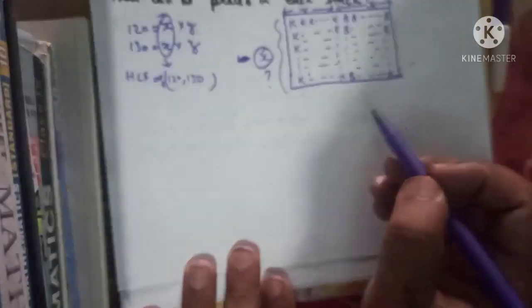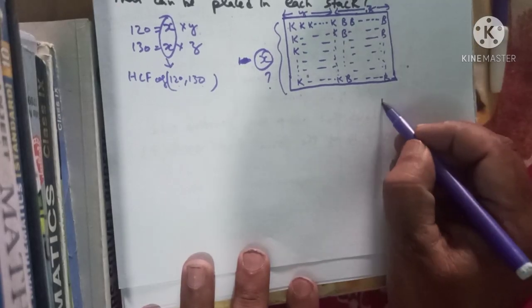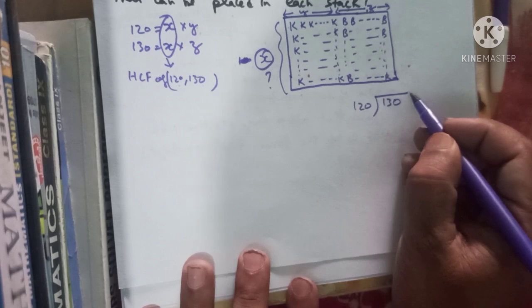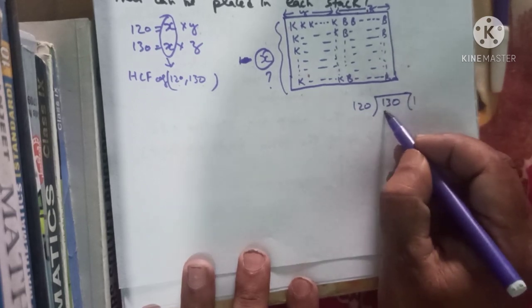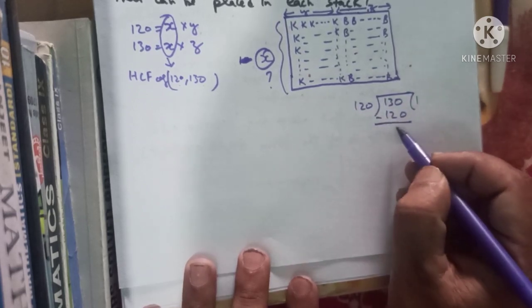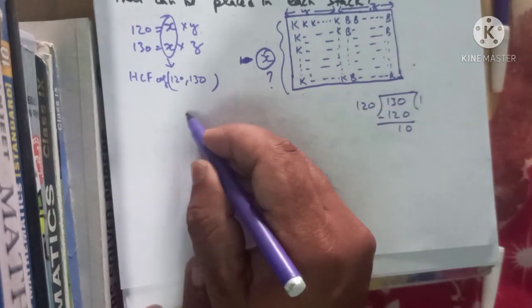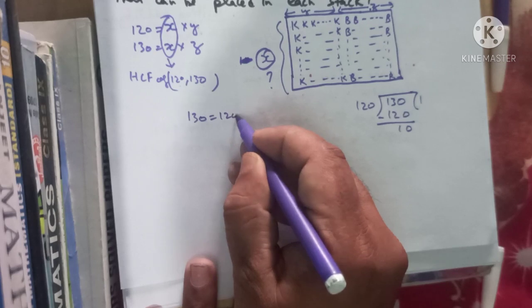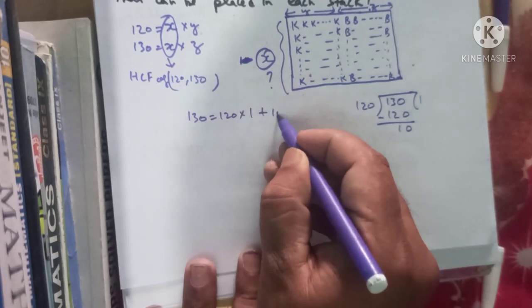Again 120 and 130. The bigger value becomes the dividend and the smaller value becomes the divisor. 120 times 1 is 120, remainder 10. So we can write 130 equals 120 times 1 plus 10.